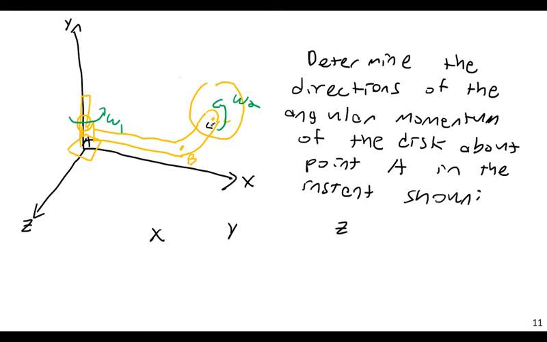I'm just holding up my hand here, that's not going to record well, but if I rotate my fingers along the way this wheel is rotating at this instant, then the vector is going to point directly along the positive z-axis. So the z is going to be positive.